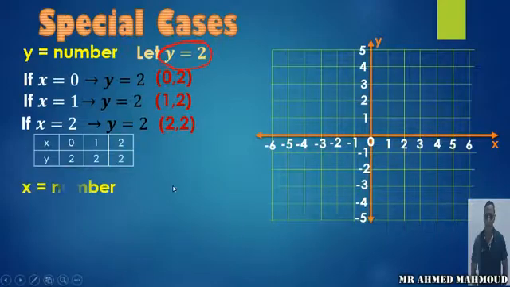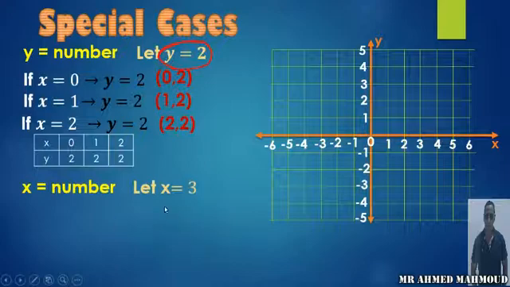Another case. If we have x equal to a number, for example, let x equal 3. In that case, x is forever equal to 3 and y will change. In that case, x is constant, equal to 3, and y will change like this.